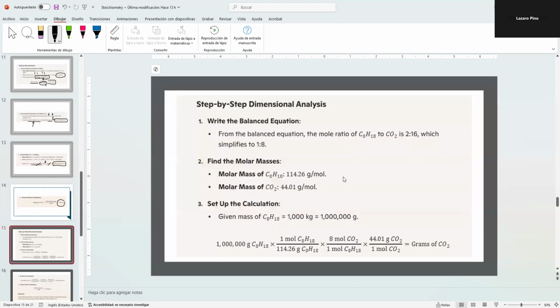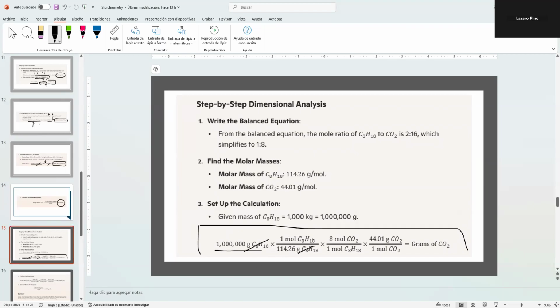But now I'm going to show you how you can do all the calculations using only one formula. Then what is given? The mass of octane. Then you multiply by the molar mass in such a way that you can cancel grams with grams.